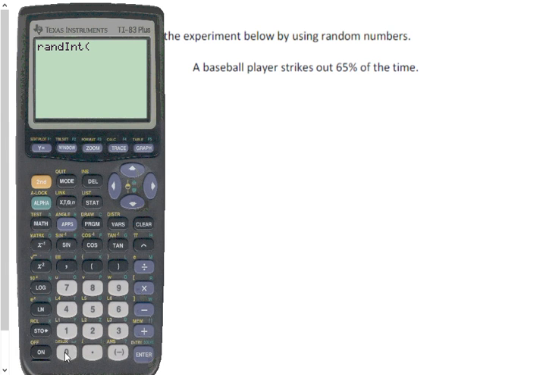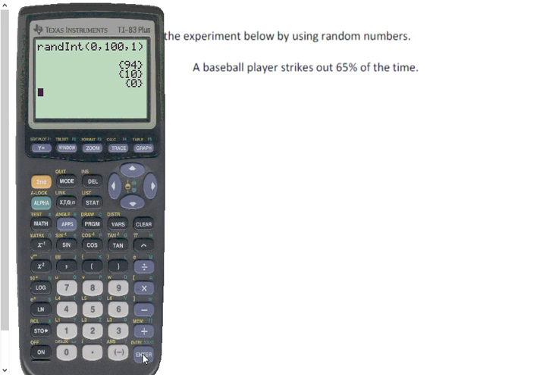And let's go between 0 and 100. And let's just do 1 now. There we go. This time I got a number bigger, got 94. If I choose that my random number between 0 and 65 is a strike, and between 66 and 100 is a hit, well then this guy just got a hit.